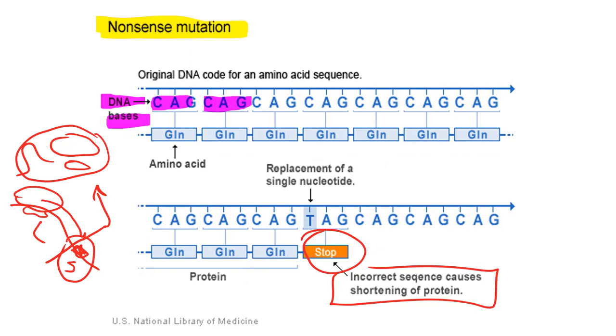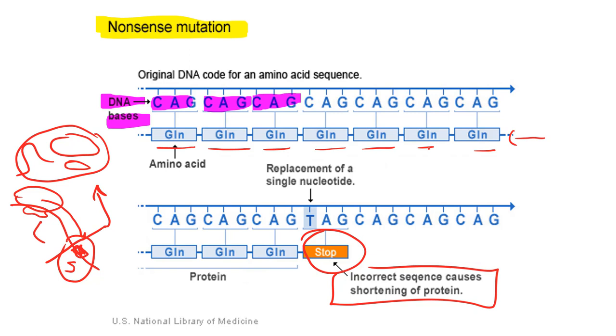Those DNA bases, when transformed into an mRNA and then a protein, lead to the formation of a sequence here. And for the example we have here, leads to glutamine, right? So glutamine one after the other. Okay, so this is not necessarily a functional protein. This is just an example to show what could happen.